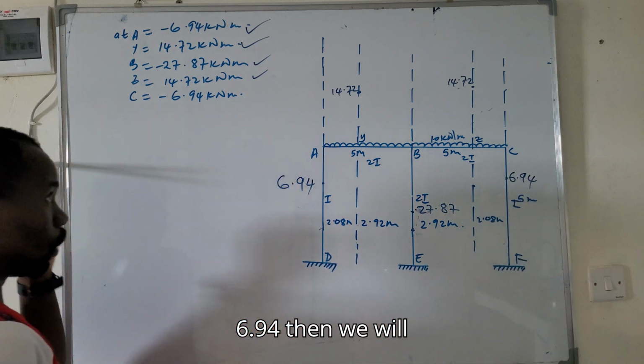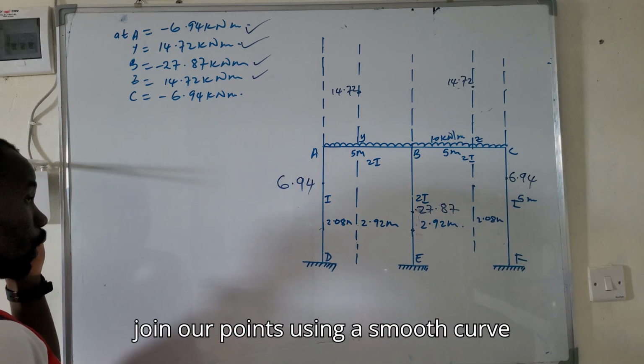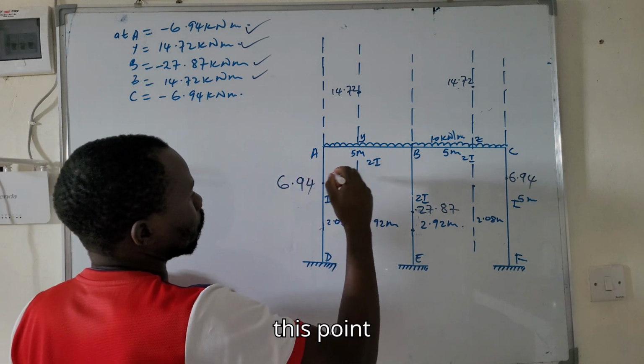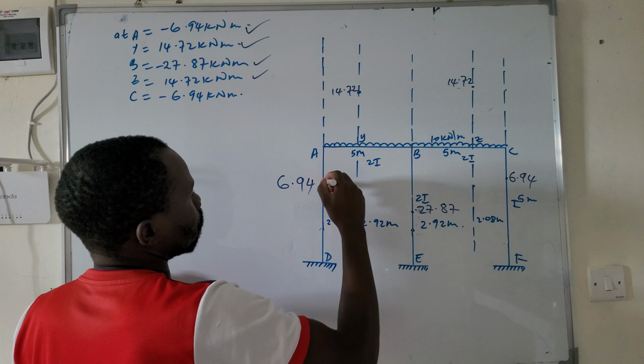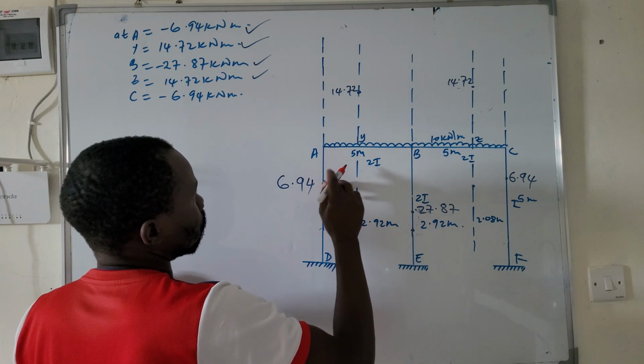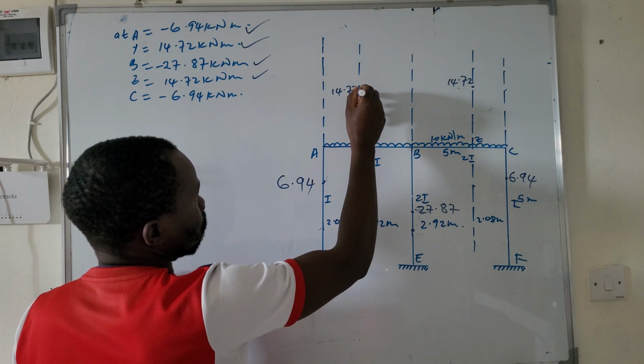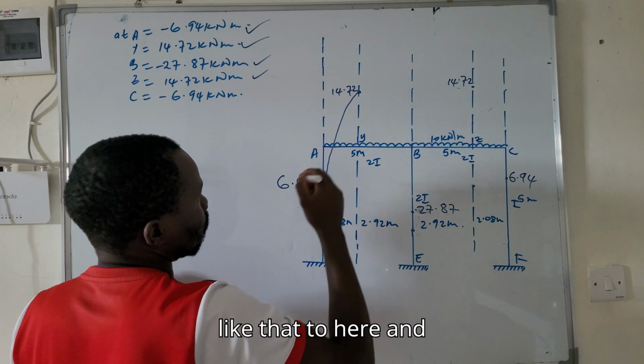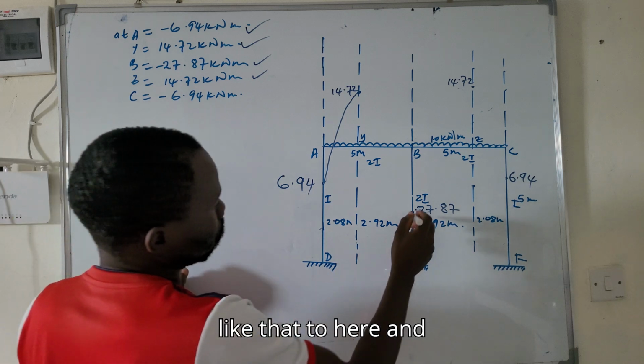Then we will join our points using a smooth curve, because this is a UDL. So this point, like that, to here.